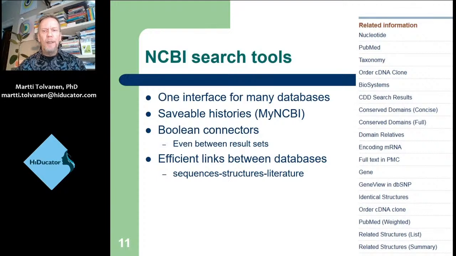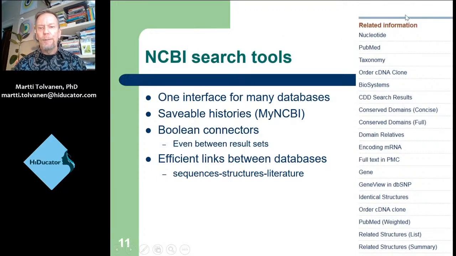Now in NCBI search tools, we looked at the data filters on the left. There's another thing which is on the right-hand side of the web pages. And I brought up this snippet of the page because it's not right there at the top. You need to scroll down the page a few screens to find this section of related information, and this is really valuable because you can access other things which are related.